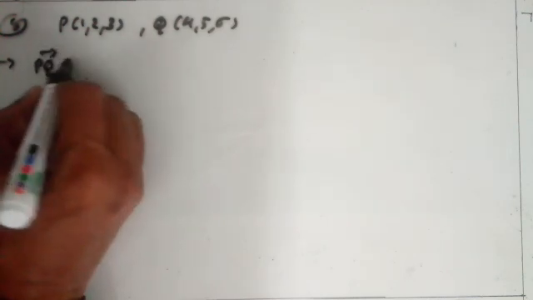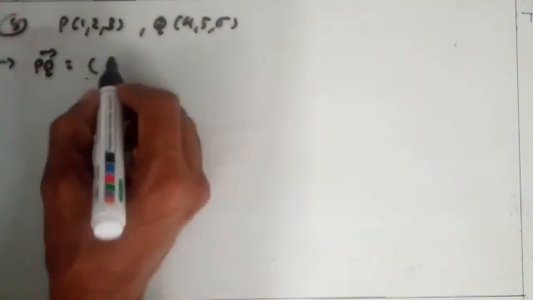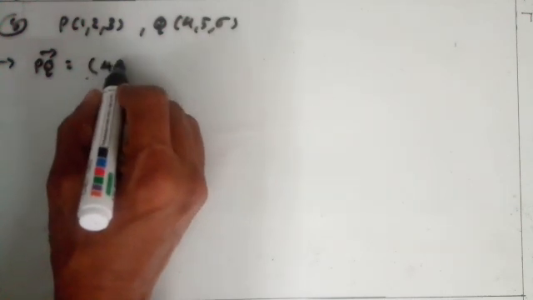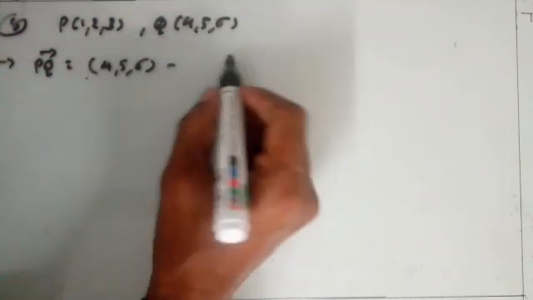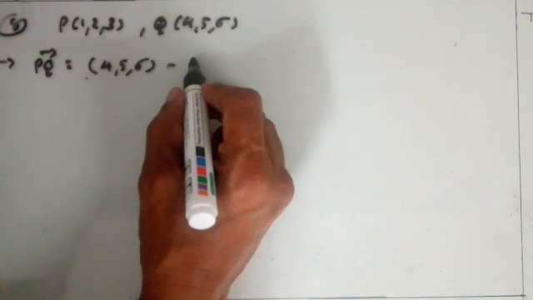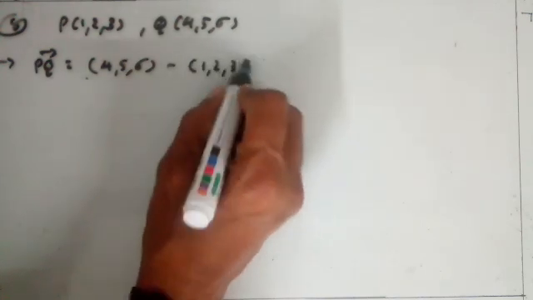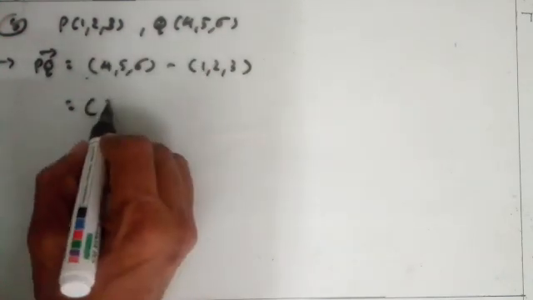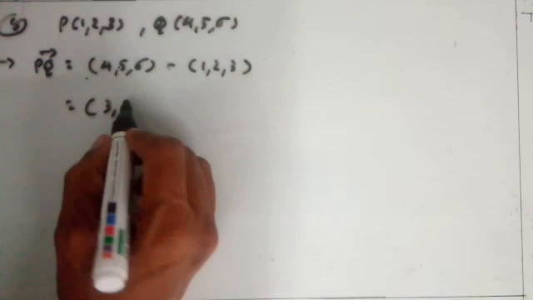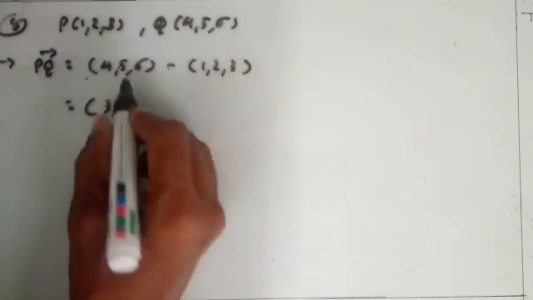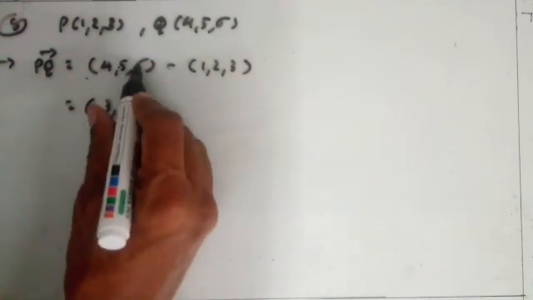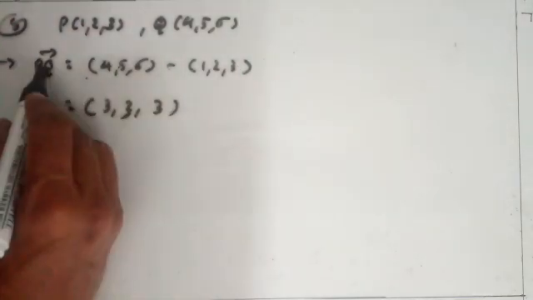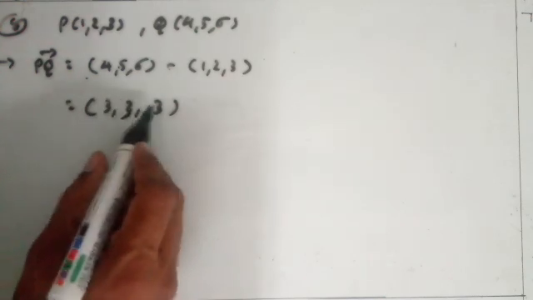Here vector PQ is equal to the position vector of Q, that is (4, 5, 6), minus the position vector of P, (1, 2, 3). So it is 4 minus 1, that is 3, 5 minus 2, that is 3, and 6 minus 3, that is 3. So PQ is the vector (3, 3, 3).